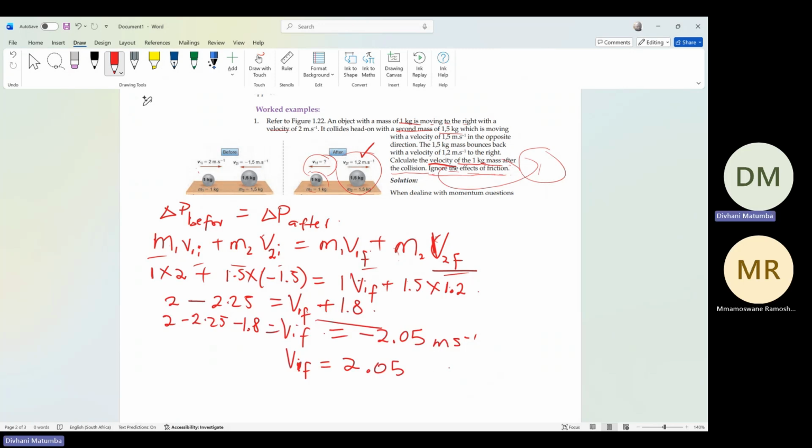If we are choosing direction, this is going to be left. Both answers are fine because this is what defines the direction.